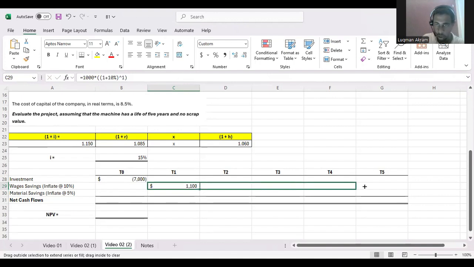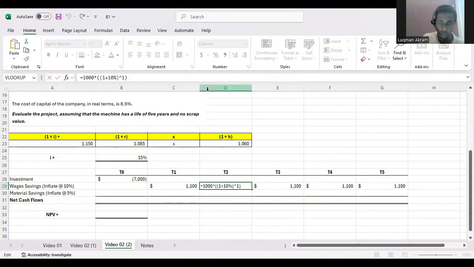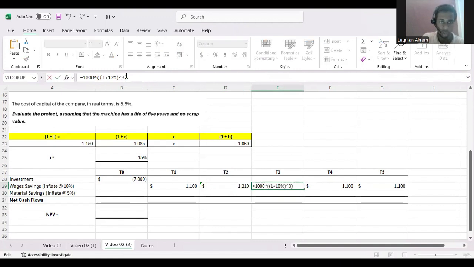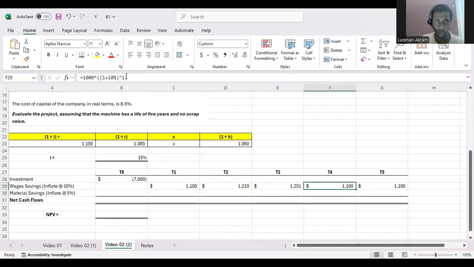Now we drag it for the rest of the 5 years. We change the powers in respect to the years.